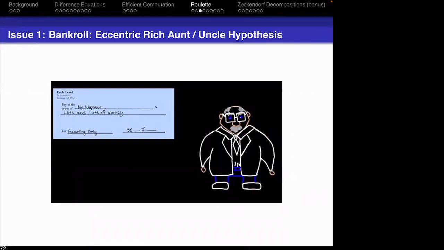I'm going to have the eccentric rich aunt-uncle hypothesis. So I hypothesize that I have an extremely rich, crazy member of my family who is willing to bankroll me. Whatever amount of money I need, they will ensure that I have. But they will not give me $1 directly. But if I need any money, they will give it.